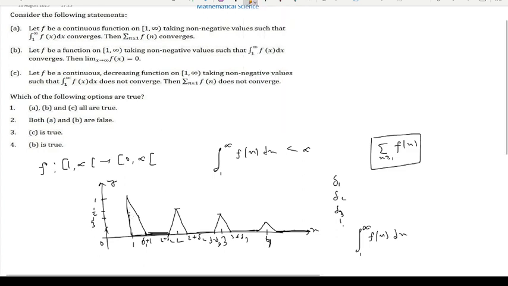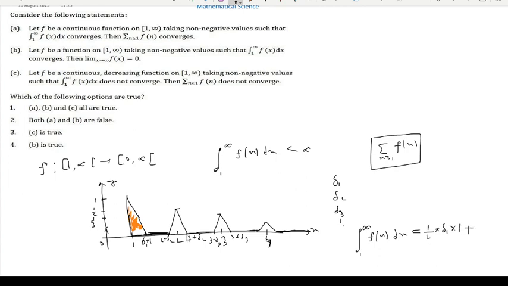This is our first part, and clearly the area of this portion is, this is a right angle triangle, so half into its base, this distance is delta 1, and into height, and the height is 1 by our construction.